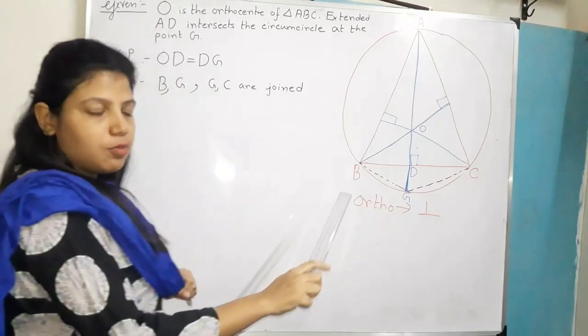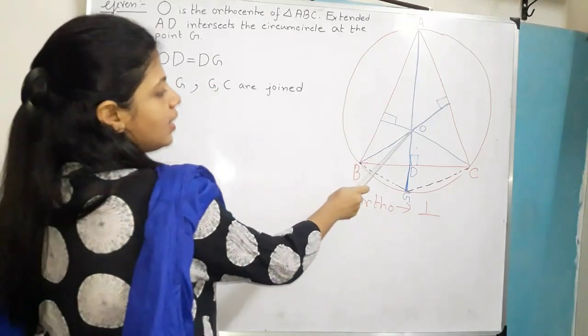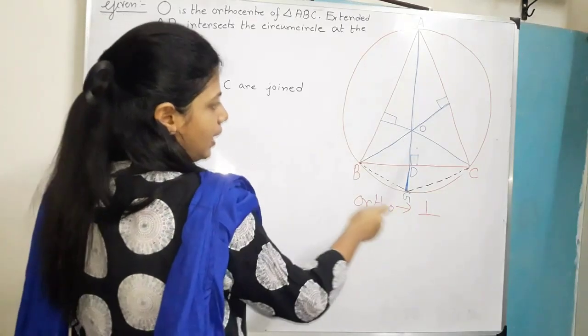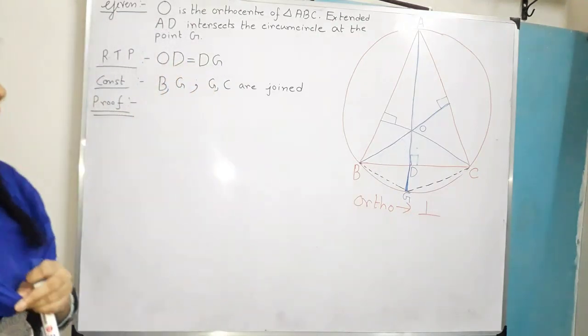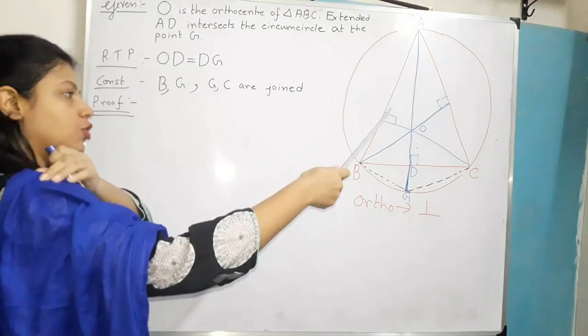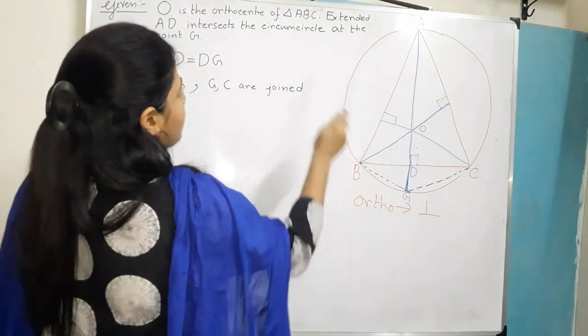I am repeating once more that the point at which the three perpendiculars meet is called the orthocenter of the triangle. So here O is the orthocenter of the triangle ABC.